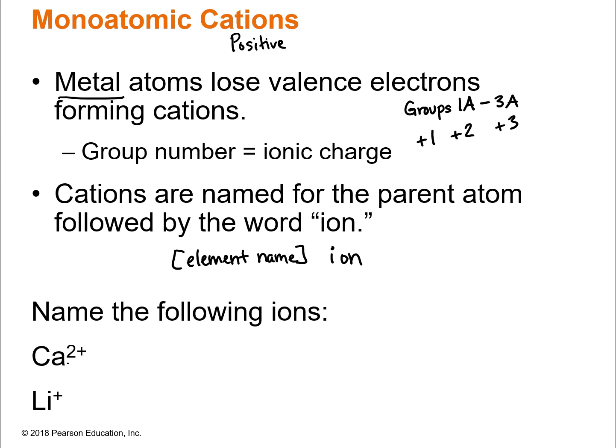Example, Ca2+. You look up Ca on the periodic table if you don't already recognize it. The name of that atom is calcium. It's got a charge. It's an ion. That's it.